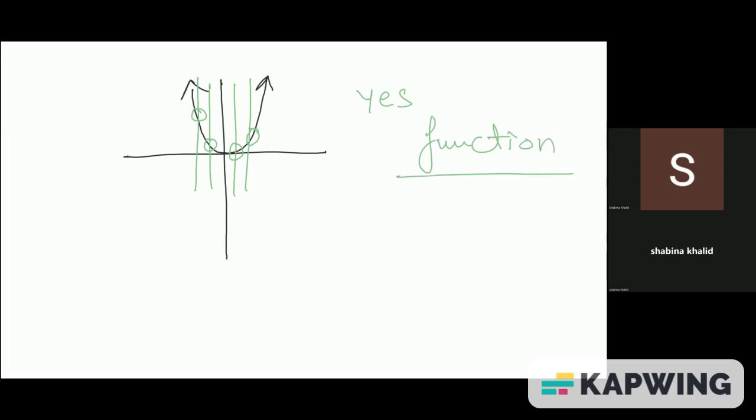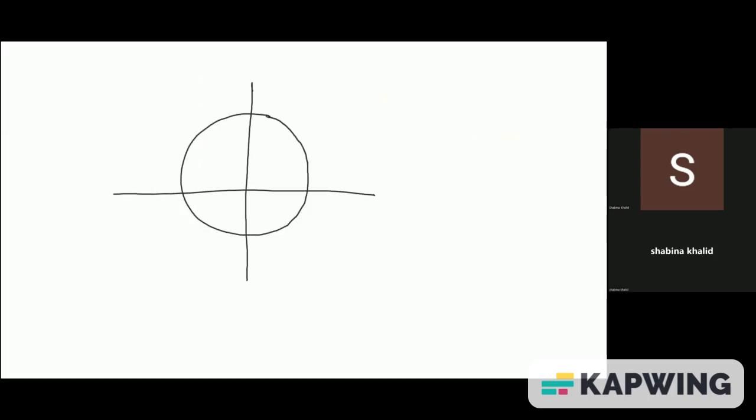Now let's see another example. For example, I have a graph that looks like this, and it's a circle. Is it a function? Let's see. If I draw some vertical lines here, you can see it's touching my circle here, and also here.